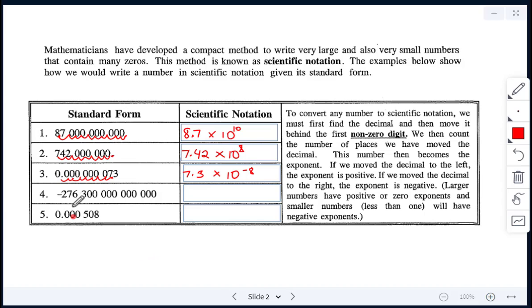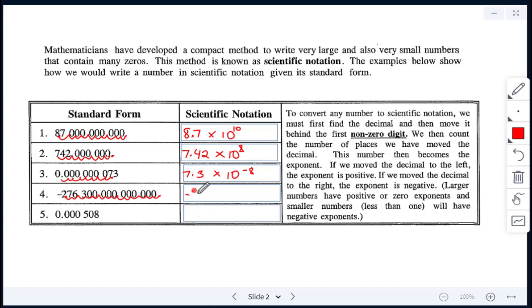The next example is a large number. It's not less than 0, but it is negative. Don't let that negative confuse you. We still have to take our decimal point from here and put it right there to make a number between 1 and 10. Let's count our decimal places for this one: 1, 2, 3, 4, 5, 6, 7, 8, 9, 10, 11, 12, 13, 14.